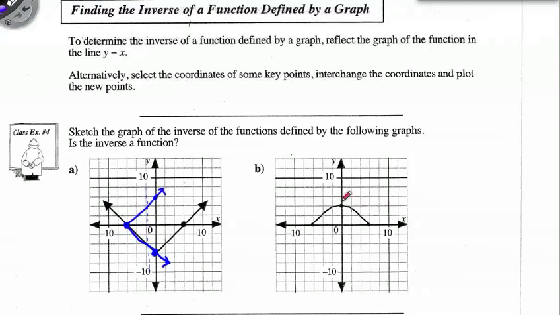Okay, in this one, again we can take some key points right here. This is similar to this point, in fact. We are at -6, 0, so 0, -6 is here.